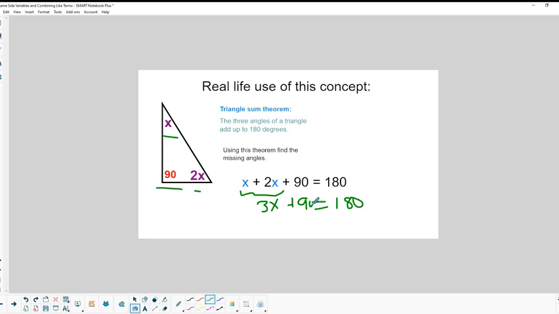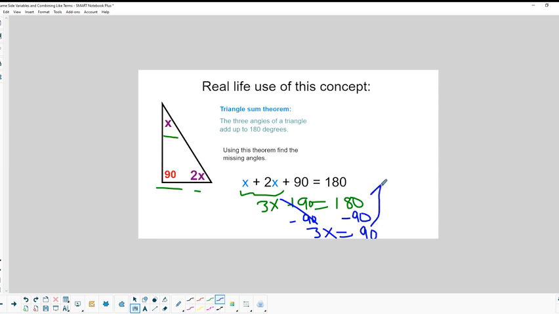And I left a 0 off my 90 there. So my next step is going to be subtract 90 from both sides. And when I do that, I end up with 3x equals 180 minus 90, which is 90.